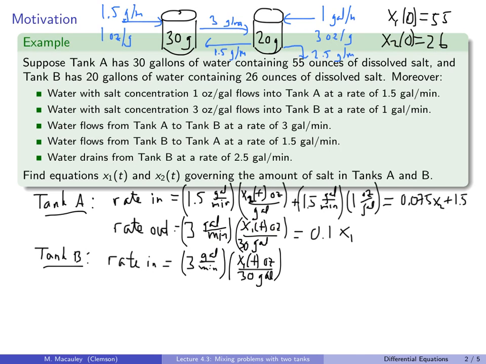That's the amount of water that flows in through this way, but we also have to include this, so that's plus 1 gallon per minute times 3 ounces per gallon.